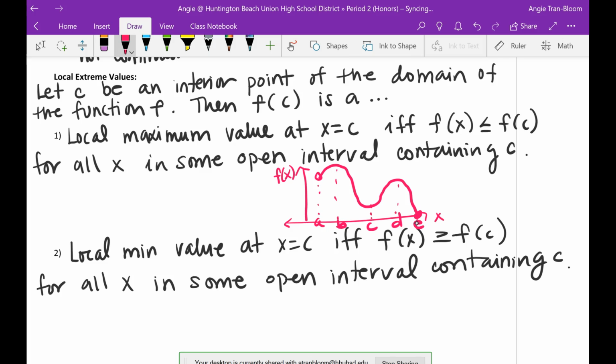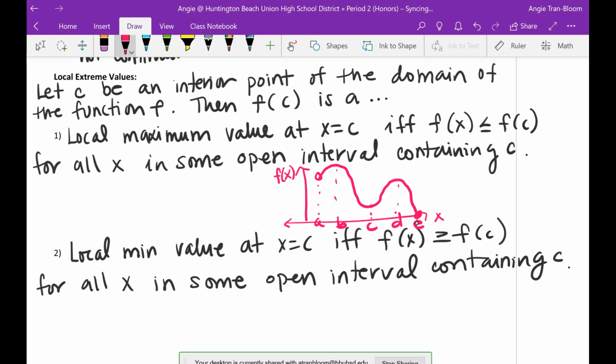Or you can turn it around and say D is an absolute max, so again, an absolute max is also a local. But a local cannot be an absolute. So all absolutes are also local? Yes.